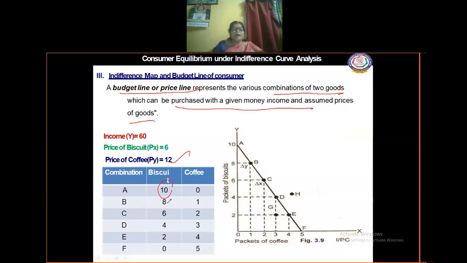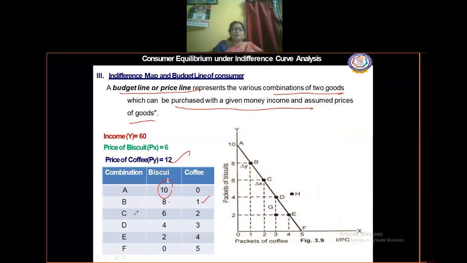It is 10, and then he has a combination of A to B. It is just 8 biscuits, coming down with a sacrifice of 2 biscuits for 1 coffee. So two packets are being sacrificed.